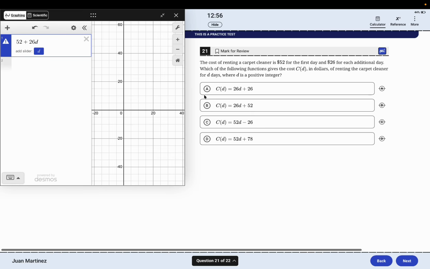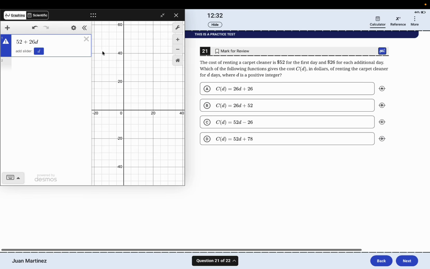Because if we have, for example, D is 10, you're not taking into account that you have essentially two different rates. You have your first day and you have every day after that.